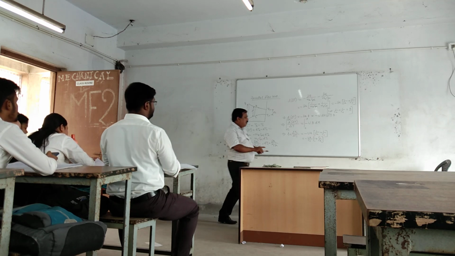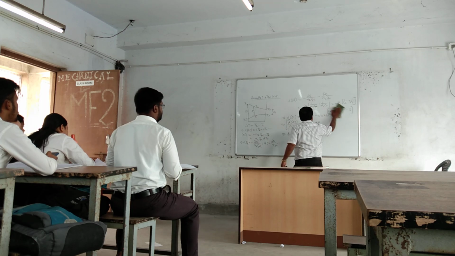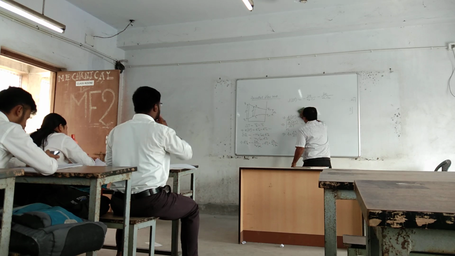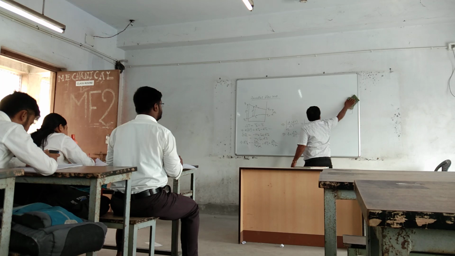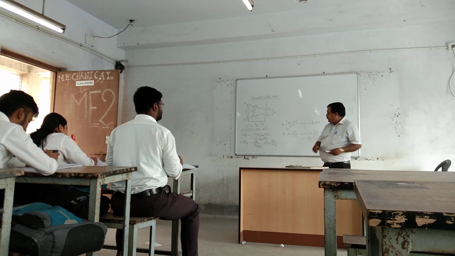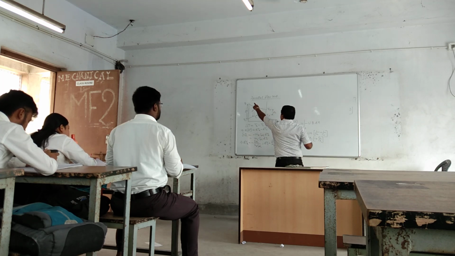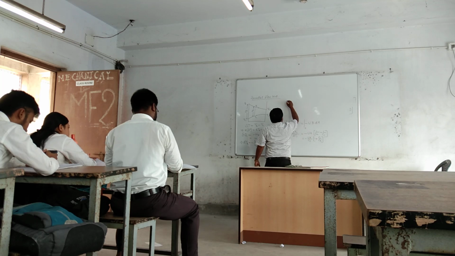Now we shall put the values of delta T2 and delta T1. See, delta T1 means THI minus TCI.